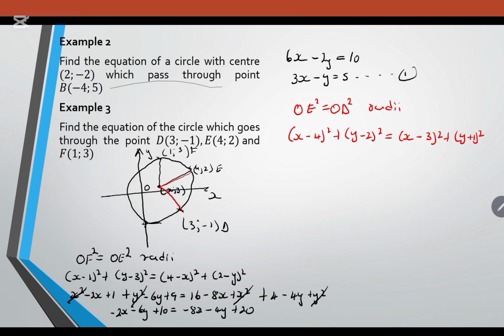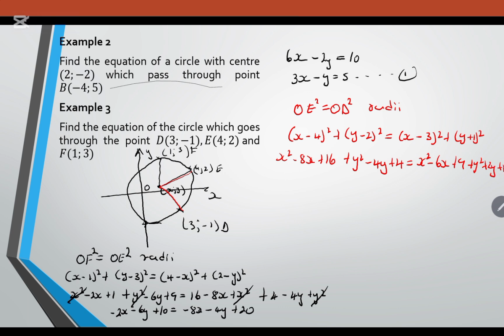And we simplify the expression: x squared minus 8x plus 16 plus y squared minus 4y plus 4 is equal to x squared minus 6x plus 9 plus y squared plus 2y plus 1.